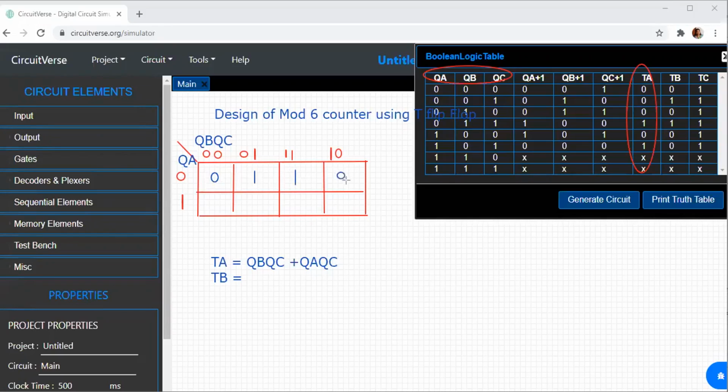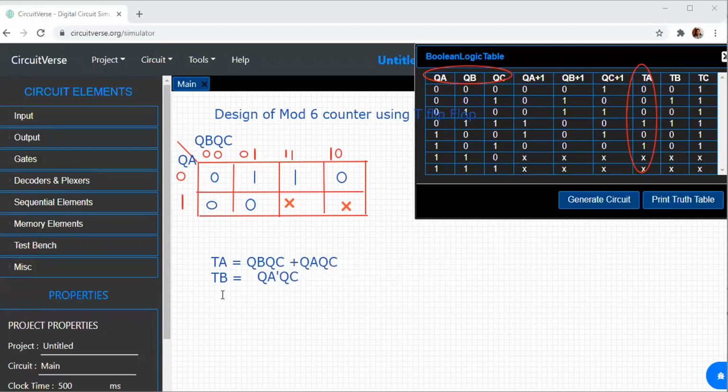Again I have a 0 over here, these two are zeros, and here I'll be having two don't cares. And I'll be having one pair over here. If I solve, TB is equal to QA bar into QC.